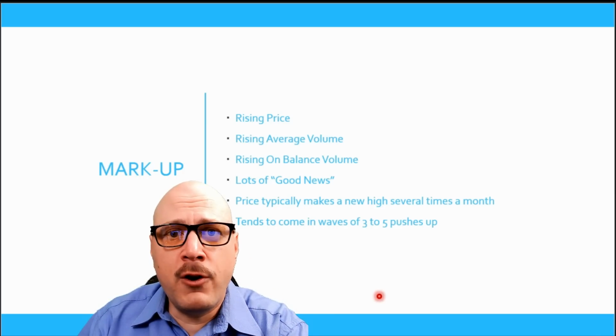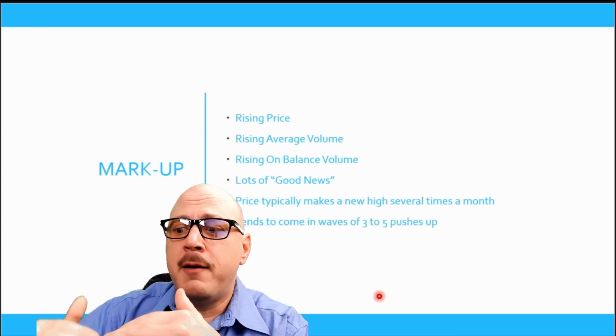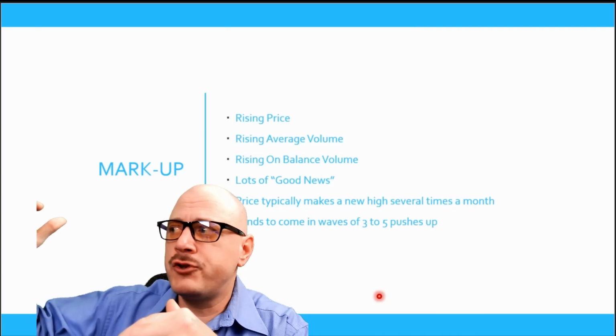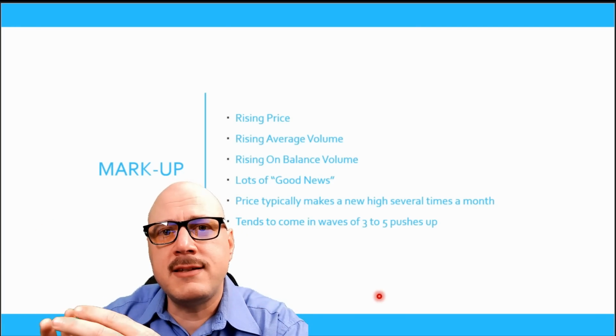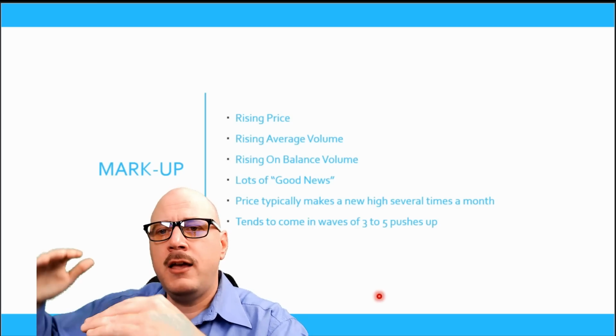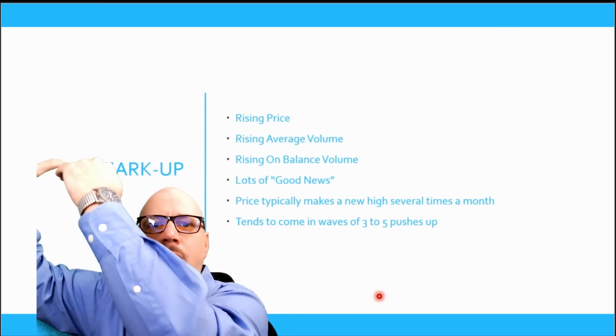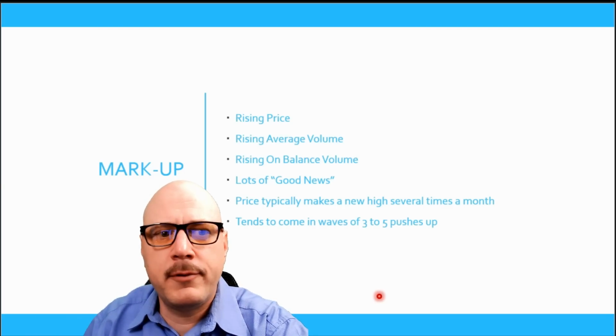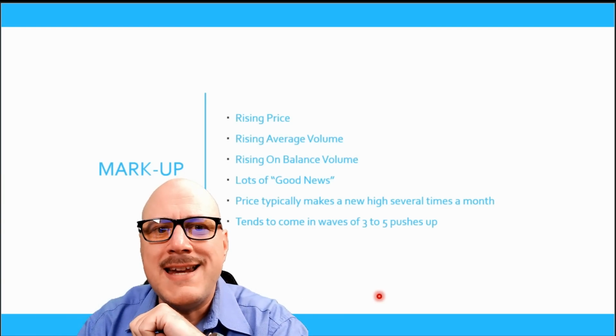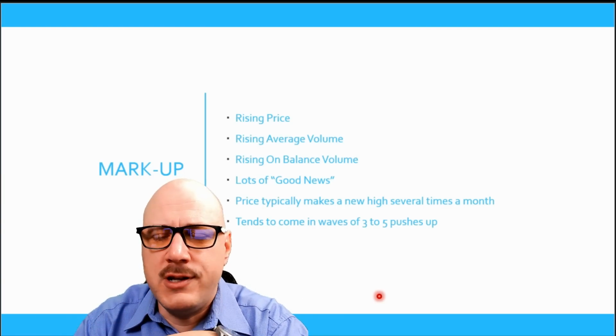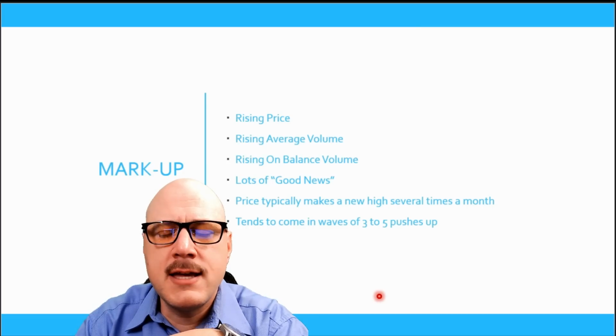Now, if you're in a stock and you're in the markup phase and the price is going up and you're following the system that you're learning here today, you're going to be placing your sell orders behind the rising price as it goes up. We do not wait and count waves to decide when we're going to sell a stock.